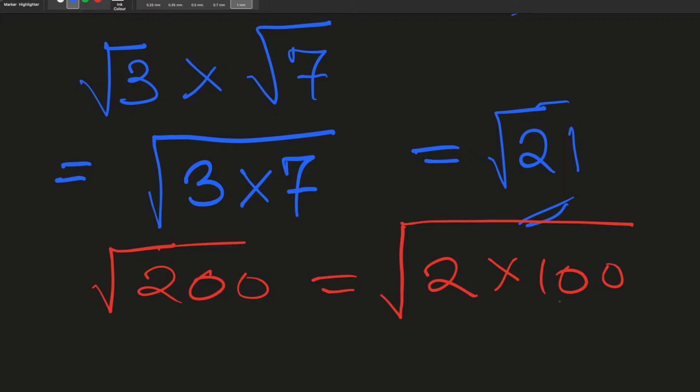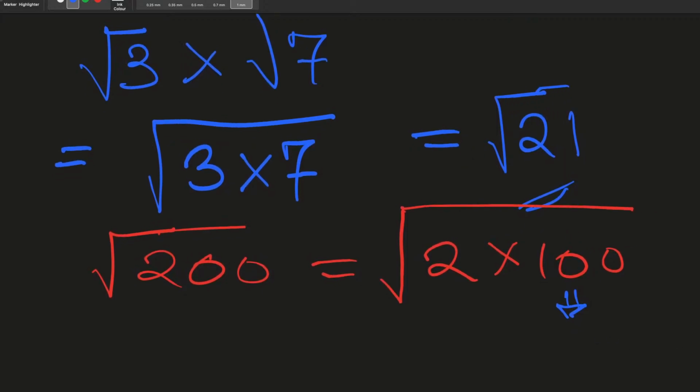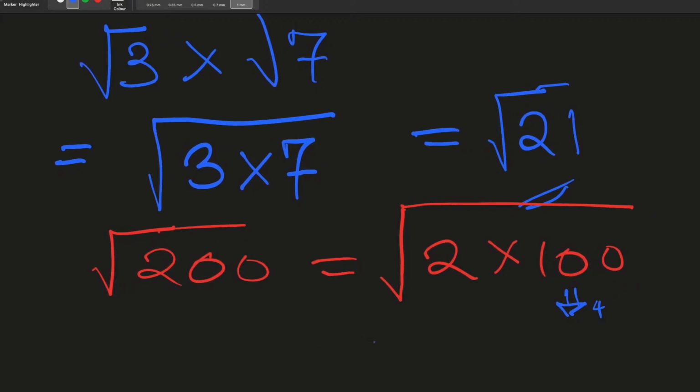How can we break it into pieces? We know 100 is 4 times 25. If you don't want trouble, divide it by 2 to get 50, then divide 50 by 2. So this is equal to root of 2 times 4 times 25.